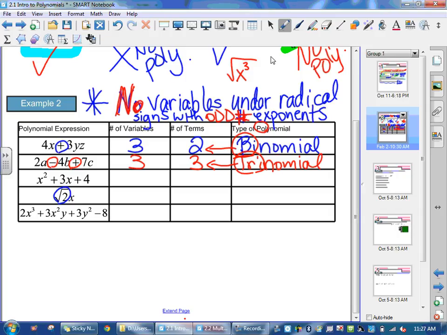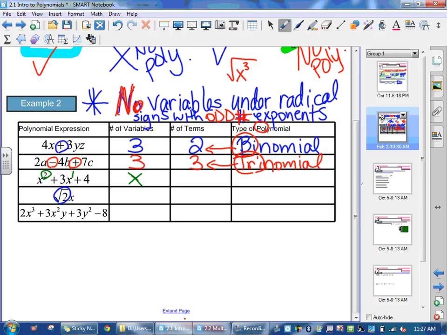Sometimes you can't. All right, how many terms, or sorry, different letters, how many different variables do you see? How many different letters? 1, there's only X. This guy has a different exponent than this guy, but the letter's still just X. Okay?